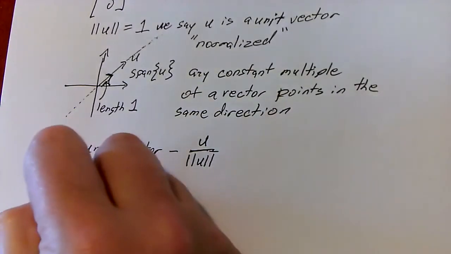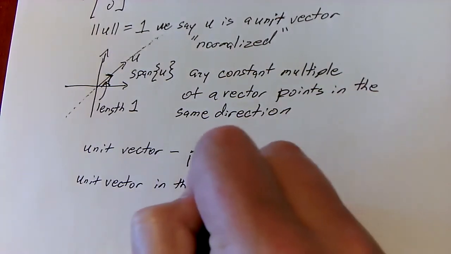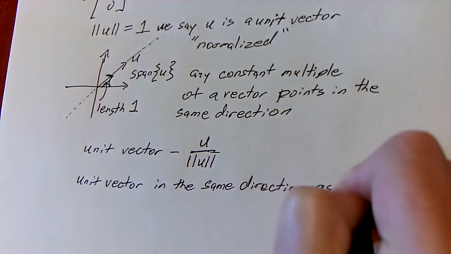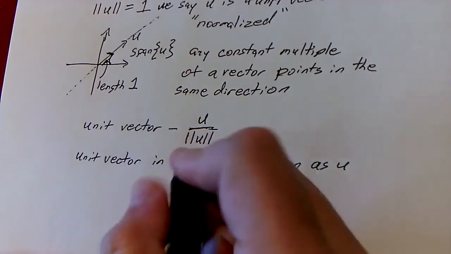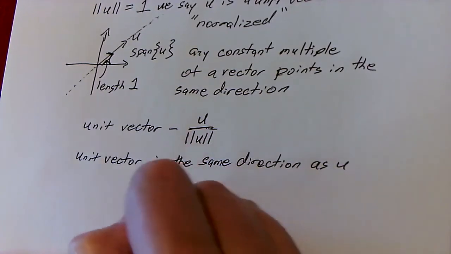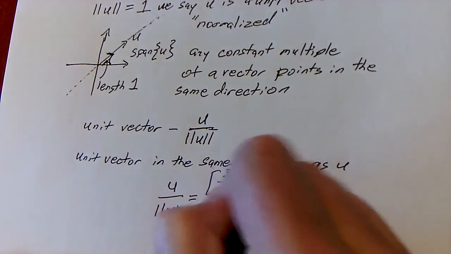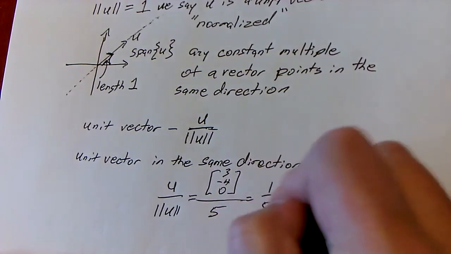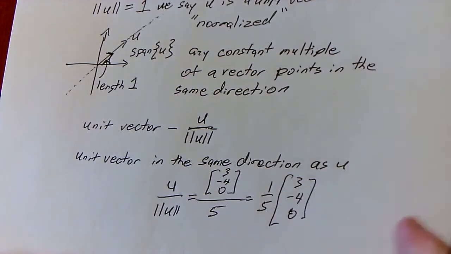So a unit vector in the same direction as u I compute by taking u and dividing it by its norm, which in this case is the vector 3, -4, 0, divided by its norm 5, which is the same thing as taking 1/5 and multiplying it by that vector.